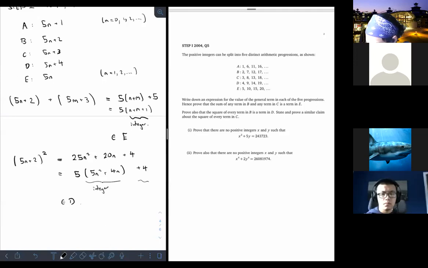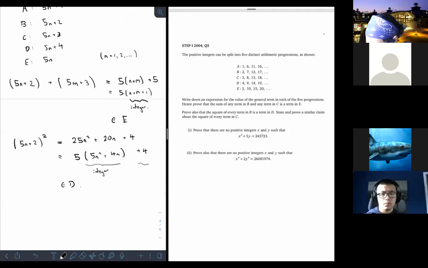And similarly, we are then asked to state and prove a similar claim about the square of every term in C. So we can do the same thing, 5n plus 3 now squared.